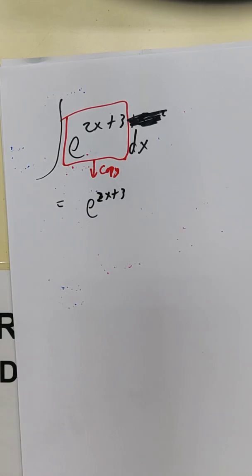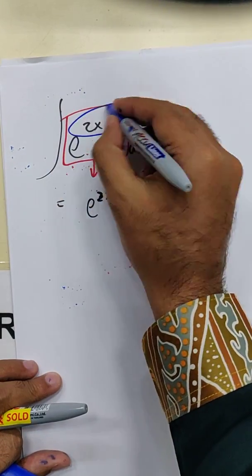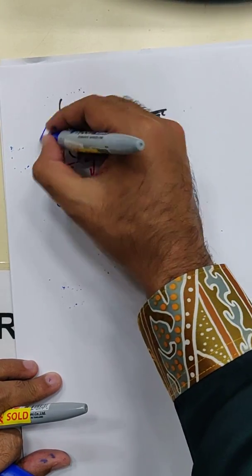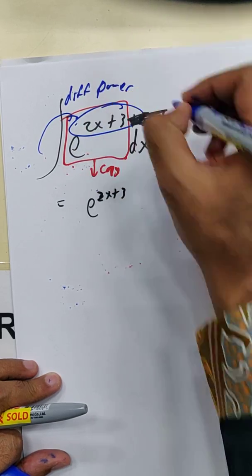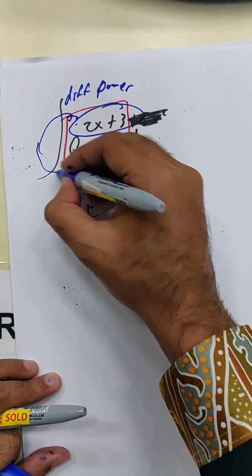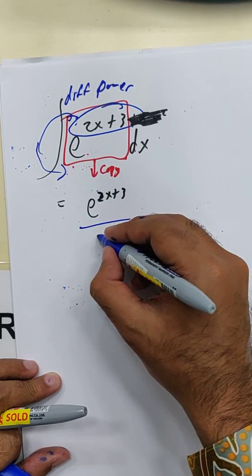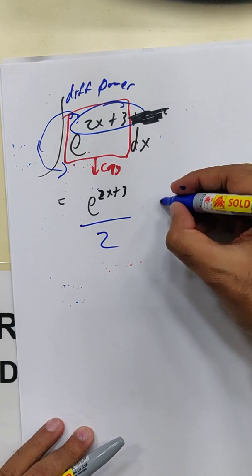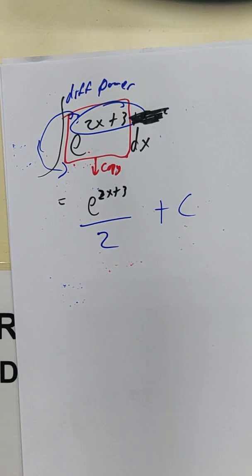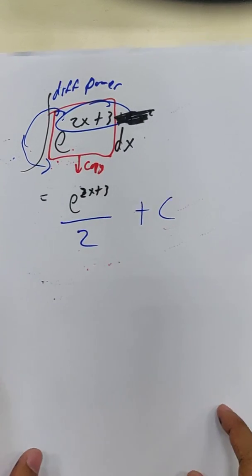And what happened? You differentiate the power. And you put it down there. Are you okay? Some of you have finally remembered. Don't lose too many lives.